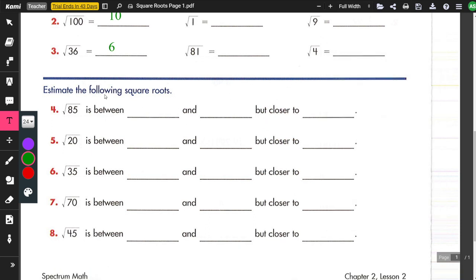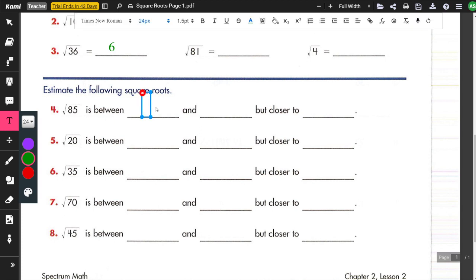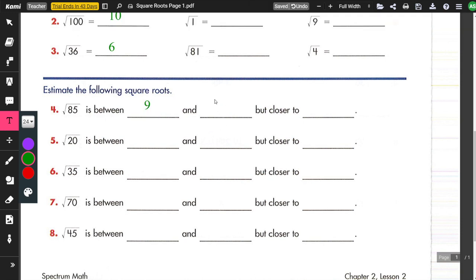So for this one, you're going to get that list that you made from the square roots and cube roots, and look at that top row that says square, and find the 2 numbers that 85 falls between. You will notice that 9 and 10 are where it falls, because 9 squared is 81, and 10 squared is 100.